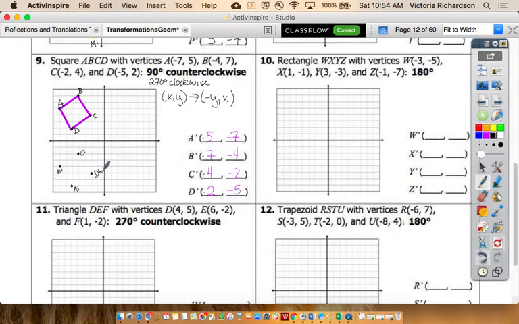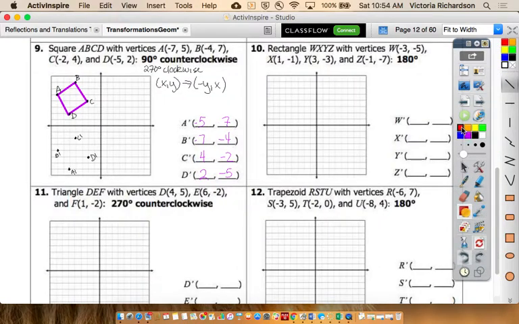Now I'm going to connect my points. And that's where it moved to.